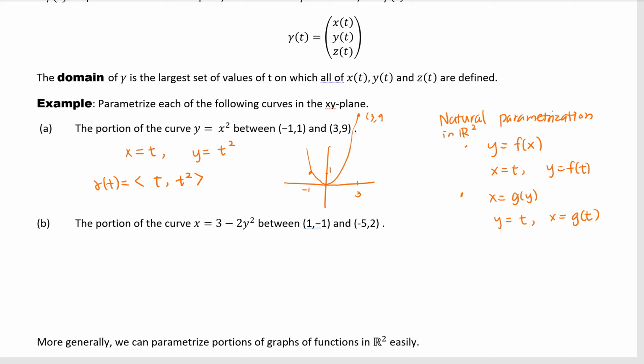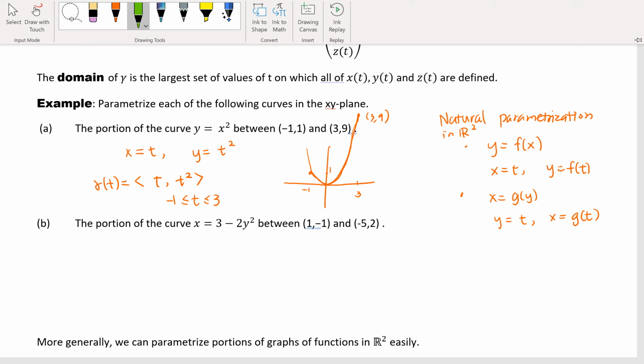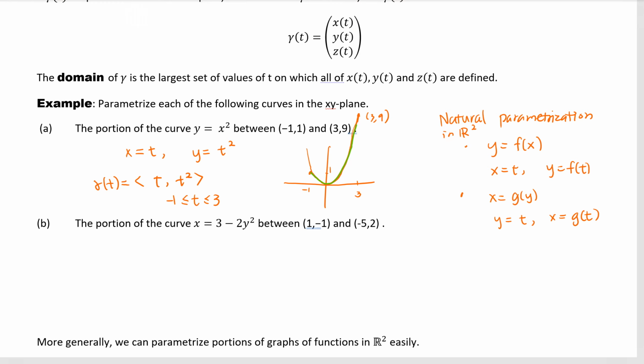We actually want to draw this portion, so we're going to restrict our t from minus 1 to 3 in this case. Let me use a different color to draw that portion. So this is the piece.